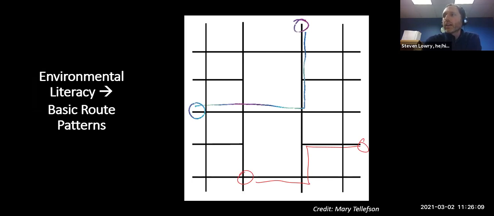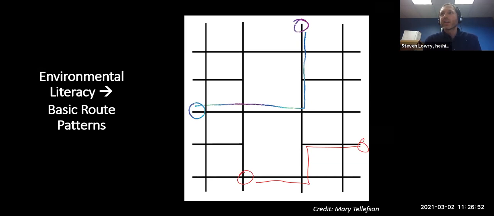I've shown an L route and a basic Z route overlaid on top of this grid. I'll often have students take an object like a penny and place it somewhere on their grid, and then another penny somewhere else on the grid, and then have them design a route to get from one penny to the next penny, describing for me which direction they're facing, counting blocks, when they take a left turn or a right turn, and understanding that their body is going to have to face the direction that they're traveling on this grid.